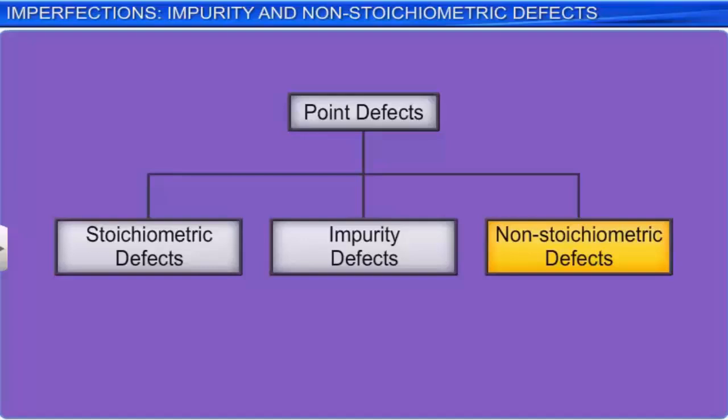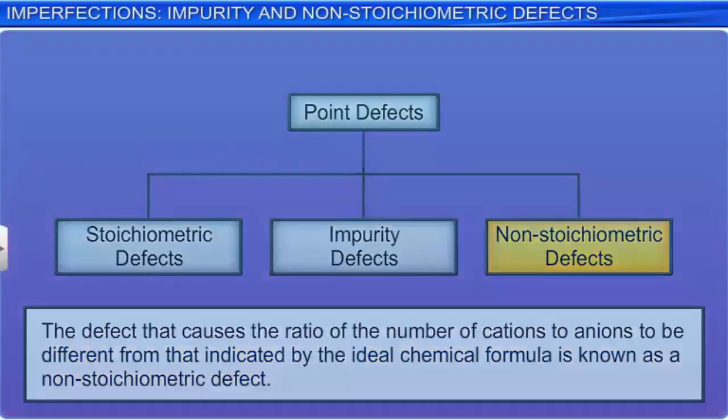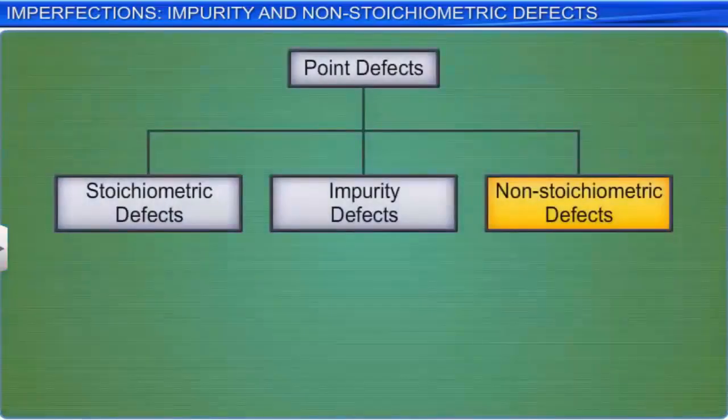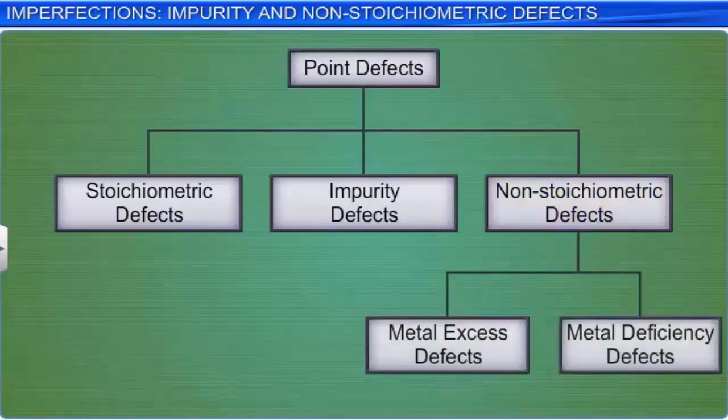The defect that causes the ratio of the number of cations to anions to be different from that indicated by the ideal chemical formula is known as a non-stoichiometric defect. Non-stoichiometric defects are of two types: metal excess defects and metal deficiency defects. Let's first discuss metal excess defects.